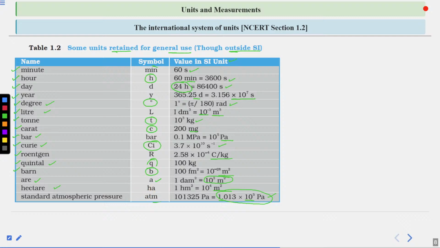ATM, standard atmospheric pressure. 1 ATM is equal to 1.013 into 10 raised to the power 5 Pascal. And Curie is 3.7 into 10 raised to the power 10 per second.